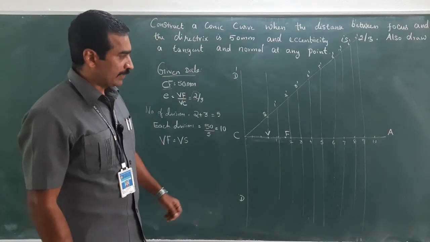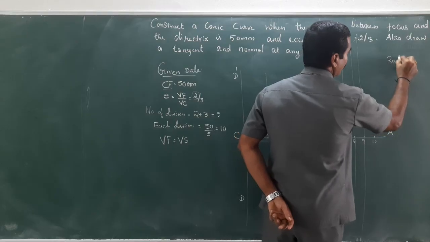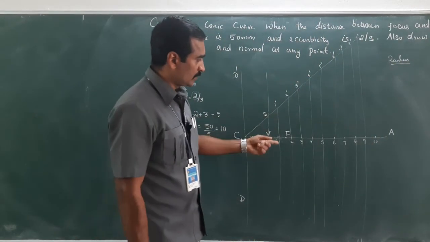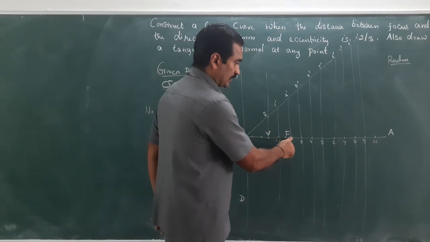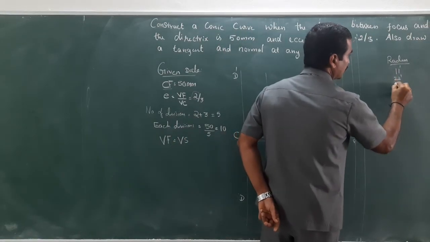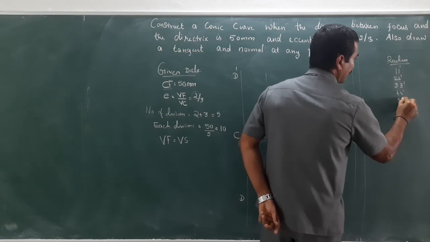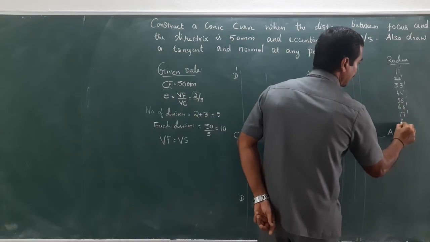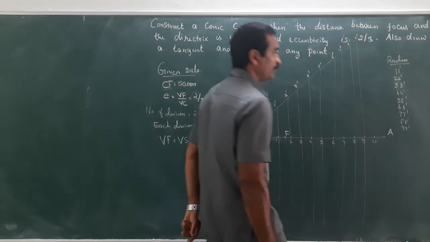Fine. Next, the radius. Here the radius is 1 to 1 dash. Similarly for 2, 2 dash. So the radii are 1, 1 dash, 2, 2 dash, 3, 3 dash, 4, 4 dash, 5, 5 dash, 6, 6 dash, 7, 7 dash, 8, 8 dash, 9, 9 dash.